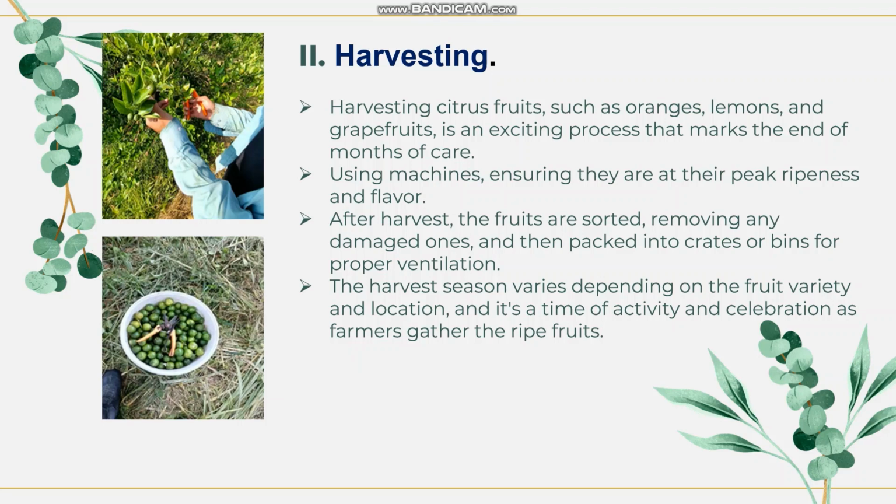After harvest, these fruits are sorted, removing any damaged ones, and then placed into silos or bins for proper ventilation. The harvest season varies depending on the fruit variety and location, and it is a time of activity and celebration as farmers gather the ripe fruits.